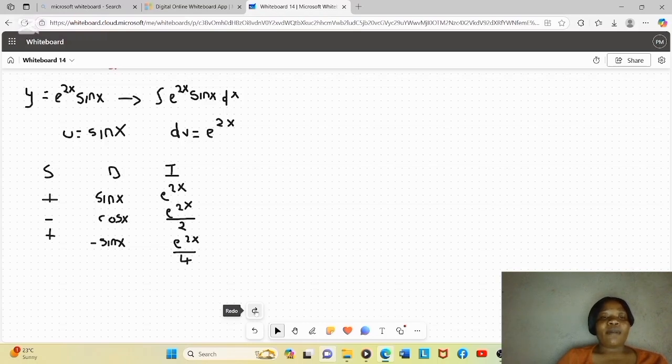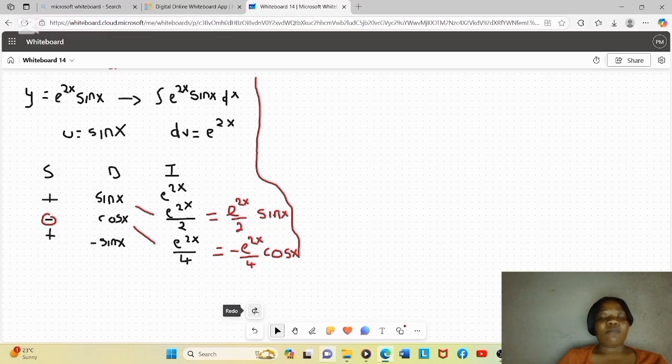Then from here we're going to multiply diagonally to get our terms. Our first term will be e to the power 2x over 2 times sine x. Then our next term will have a negative sign, the reason being that we have a negative sign and a positive sign, and a negative and a positive give us a negative. Then we're going to have negative e to the power 2x over 4 times cos x.